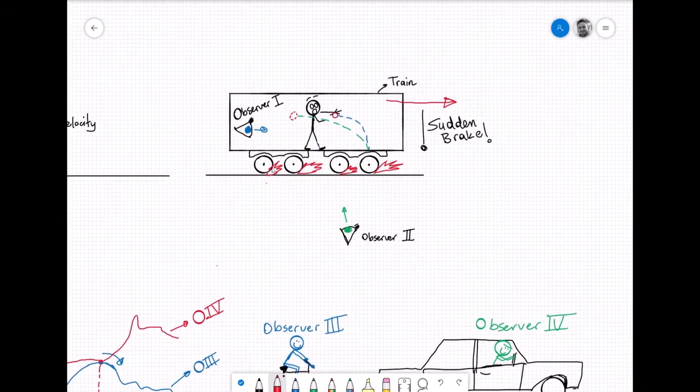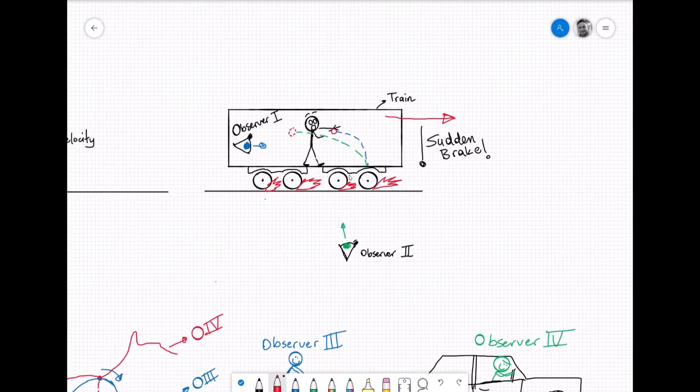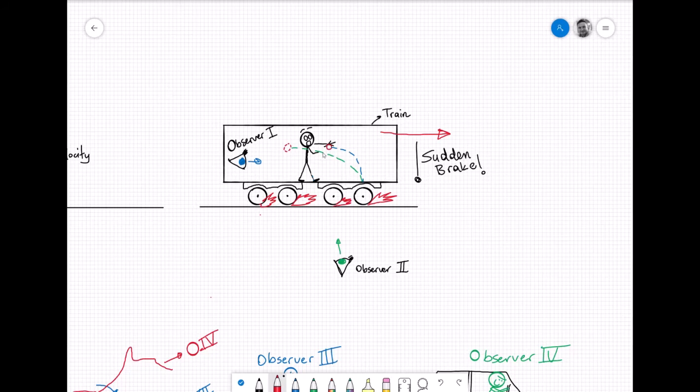What if the train makes a sudden brake? This time, because of the inertia, the ball tends to stay in its motion, tends to keep moving forward when the train brakes. Observer 1 will see that the ball is following a curved trajectory. What about observer 2?